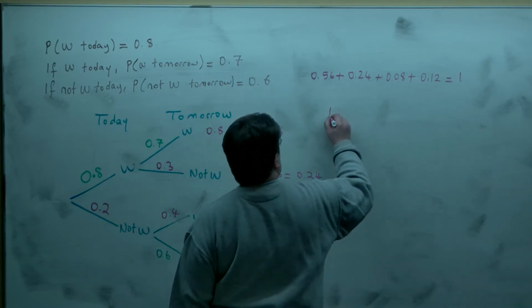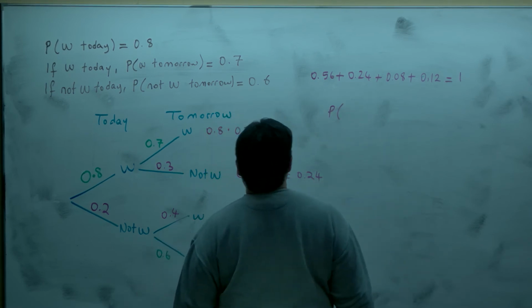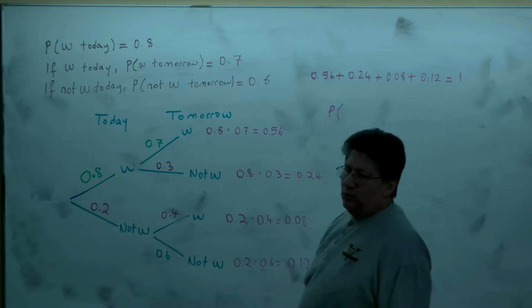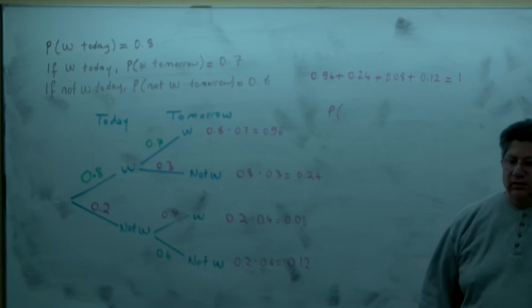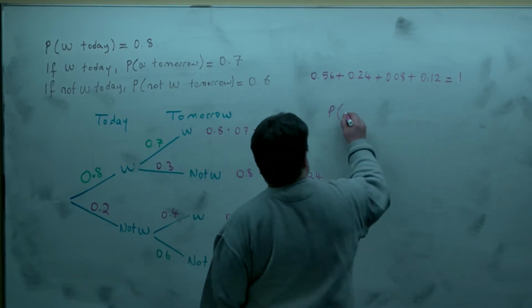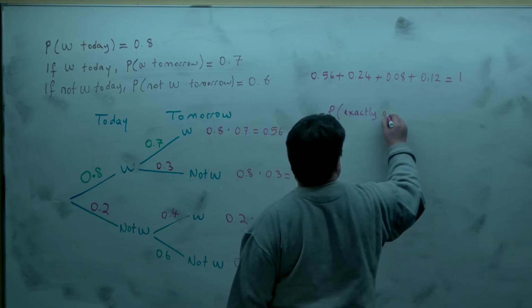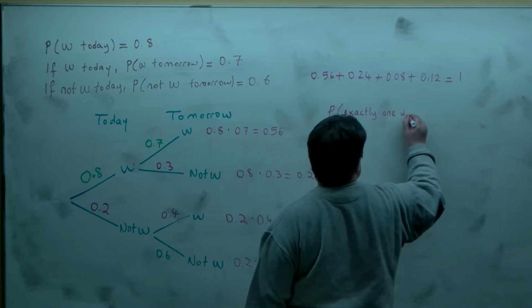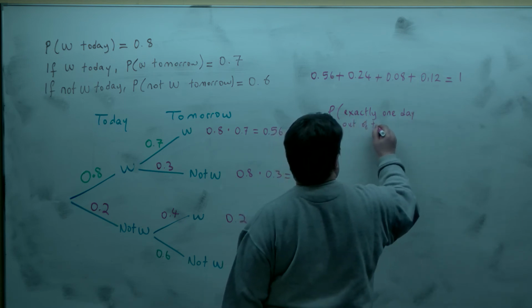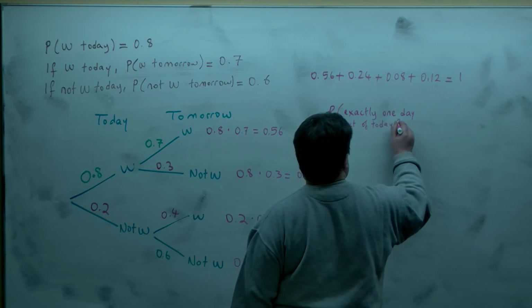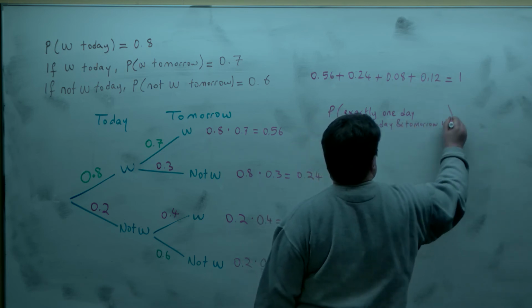So, what is the probability that exactly 1 day out of today and tomorrow will be windy?